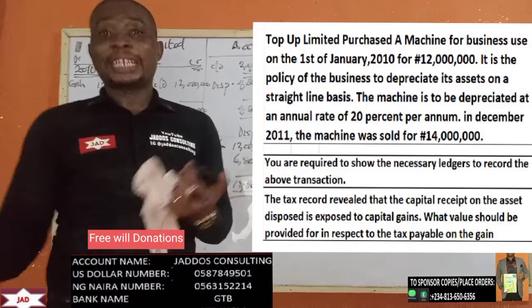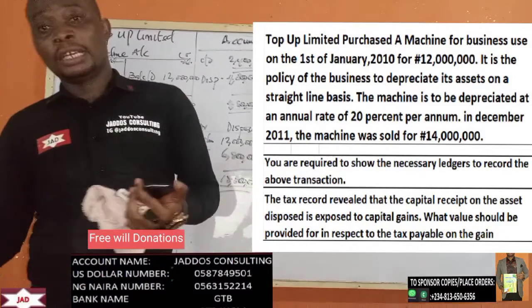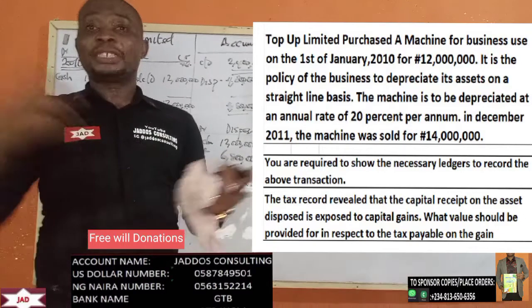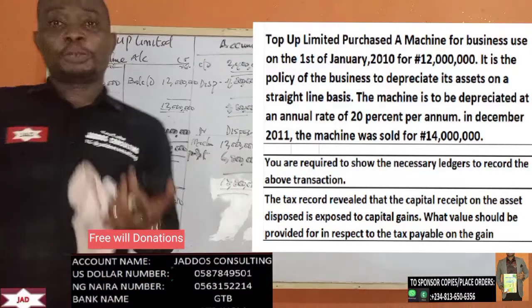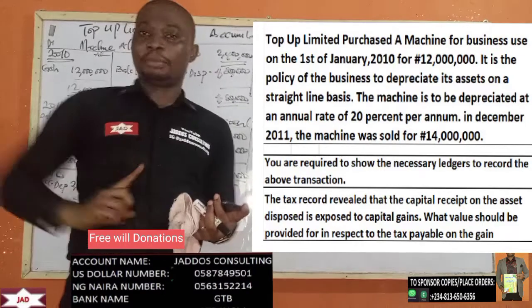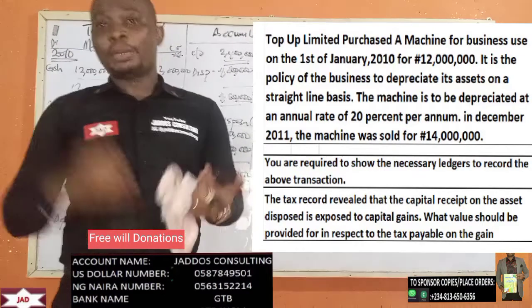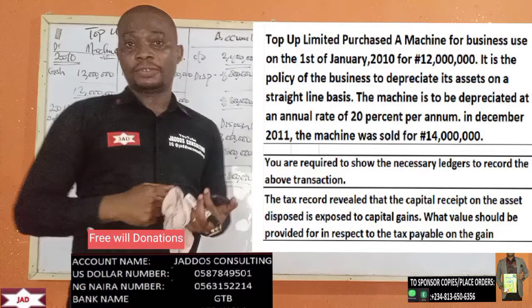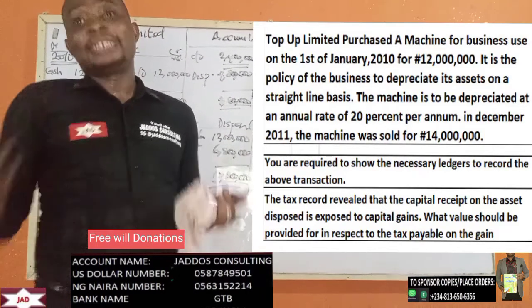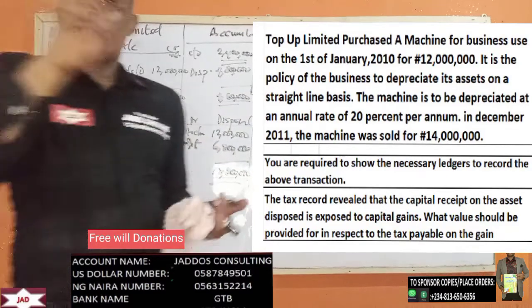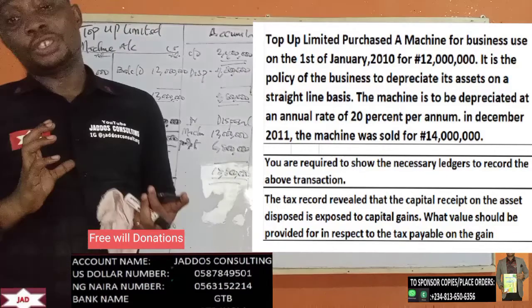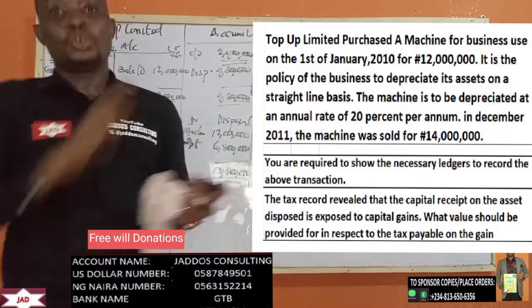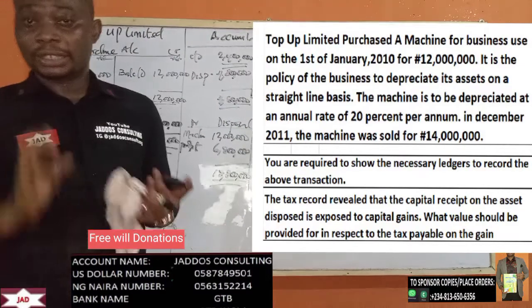I also explained that you can have a balancing charge or a balancing allowance. The balancing charge means that you have a profit that should be subjected to tax, but it must be restricted to the allowance that you have claimed. And then you have your balancing allowance, which means that you have to further claim some reliefs on the allowance. And I said that in practice, profits on capital expenditures are not subject to income tax, so you bring them to capital gains tax.